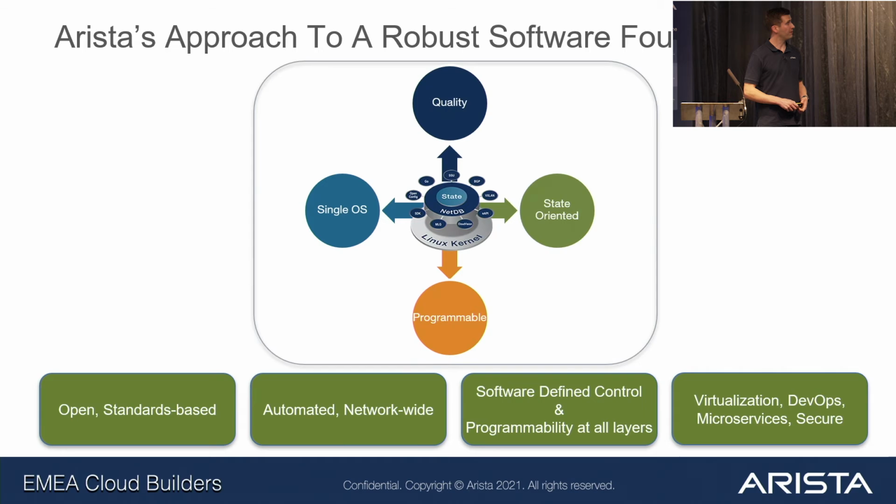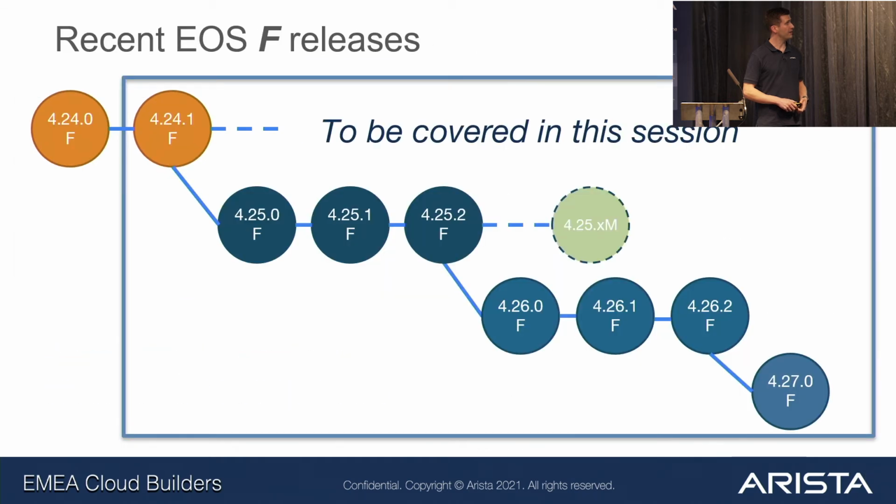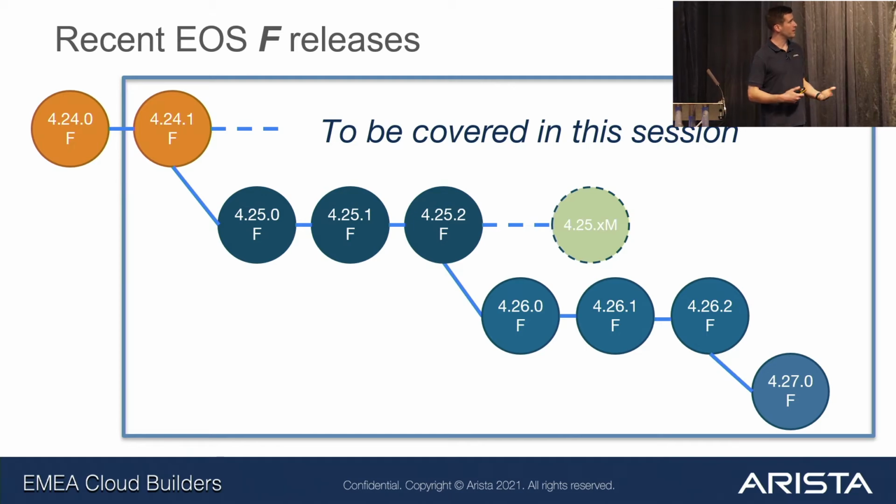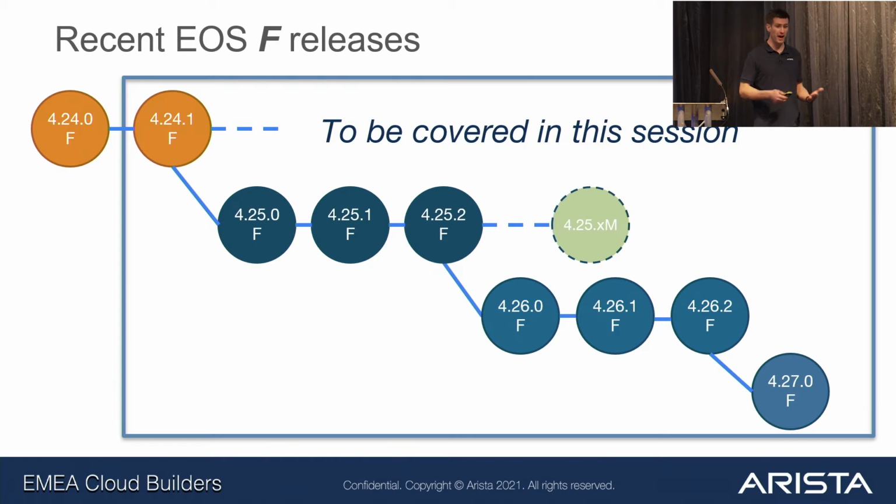But if I go back to here, as I said, 6 new versions of code, and you can really see here where a feature release turns into a maintenance release. So typically speaking, it goes 4.20 something, so it's always a 4. Don't know when it's going to get to a number 5, but it's always been a 4. And it typically goes 4.25.0F, .1F, .2F, and then that will turn into an M release.